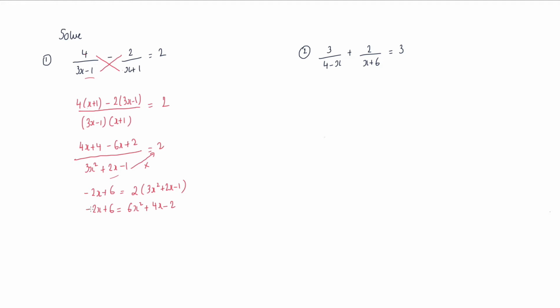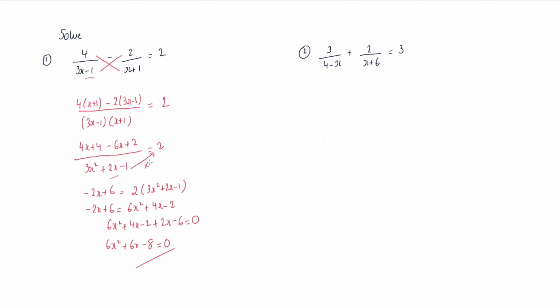So if you now bring the minus 2x and 6 to the other side, you're going to have 6x squared plus 4x minus 2. Move minus 2x to the right hand side, that gives you plus 2x. Move the 6 to the other side, that gives me minus 6 equals 0. So if I simplify this, I'll have 6x squared, that's going to be 6x, and then minus 2 minus 6 is minus 8 equals to 0. So that's my quadratic equation that I need to solve.